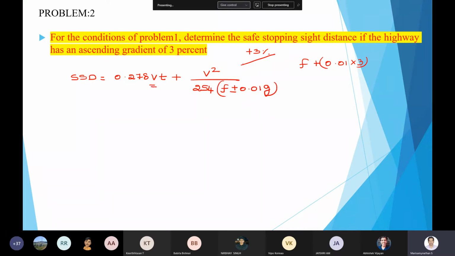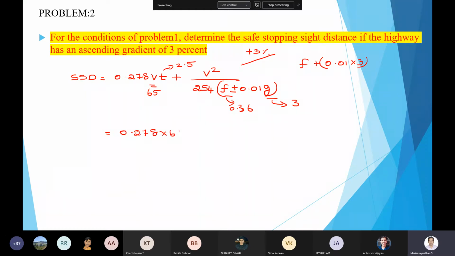Speed is given as 65, T is 2.5, F is given as 0.36, and G is an ascending positive gradient, so 3 we are considering. So when we apply all the values, you will get the value.